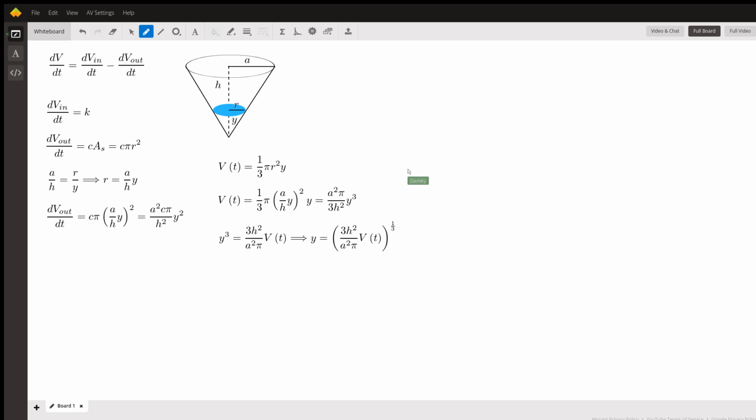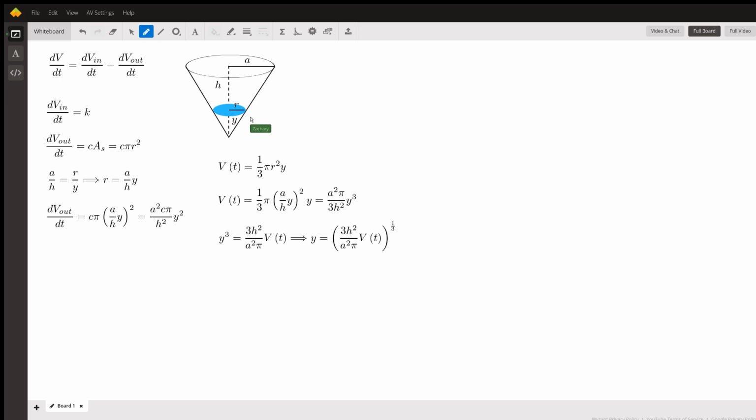Now, we're still in a bit of a bind because we still have this y that we need to get rid of. y was not one of our given variables or constants in the beginning of this problem. But we are finding the ordinary differential equation for the volume at time t, so we can actually use the volume of water at time t.